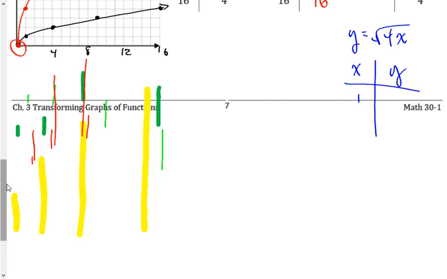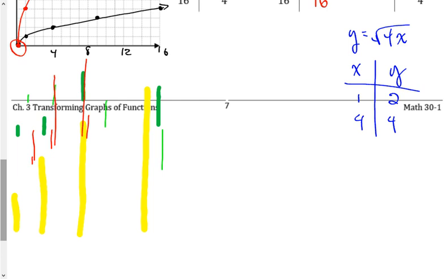It would be square root of 4, which is 2. Okay, so suppose my x value was 4. What would my y value be? Pardon me? 4. 4 times 4 is 16. Square root is 4.